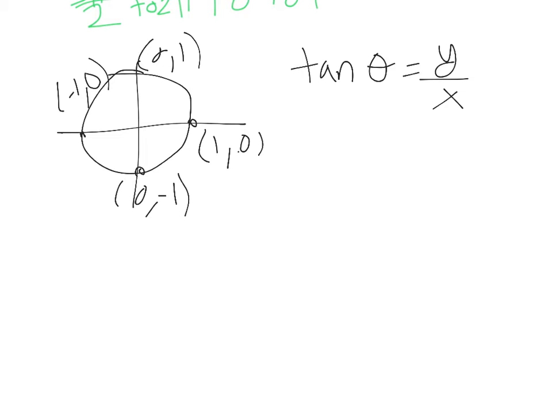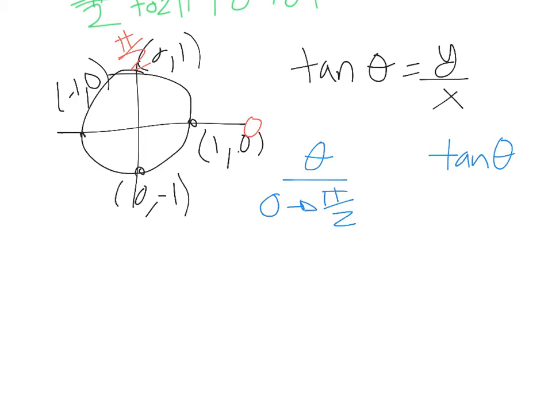Okay, so let's look at as we go from 0 to pi over 2. Let's again draw how theta is changing versus how tangent of theta is changing. From 0 to pi over 2, we start off with tangent being 0 over 1, which is 0.